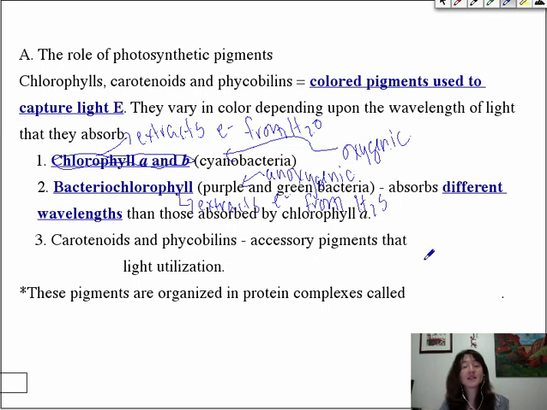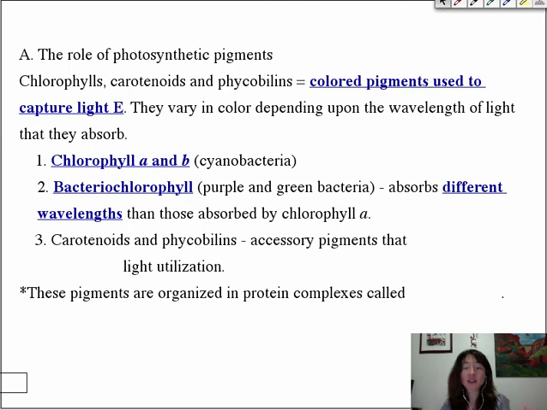Carotenoids and phycobilins, these are the accessory pigments. That is, they exist in concert with chlorophyll A and B or bacterial chlorophyll and help to enhance the amounts of wavelengths of light that can be absorbed. They can be very photoprotective, but also they can give brilliant colors to whatever it is that contains those pigments.